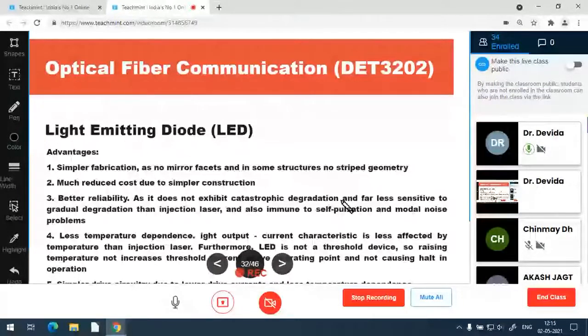So due to this double heterojunction, as we require a pencil-like beam, we do not require a laser beam of very wide direction or angle.